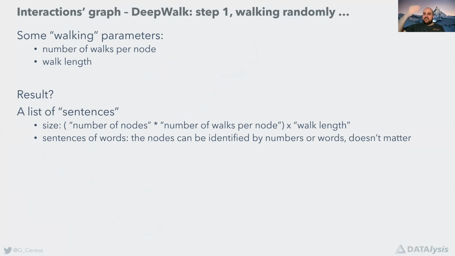I have as many sentences as the number of walks per node multiplied by the number of nodes. And the length of the sentence is just the walk length, the parameter I set. These are really sentences of words. They identify each node. It doesn't matter if it's a word, if it's a number, or whatever. The ID of a node doesn't matter. I have my sentence. That's all I care about.